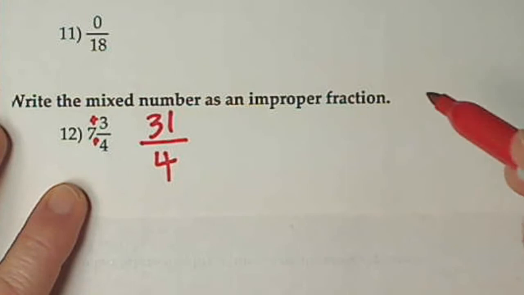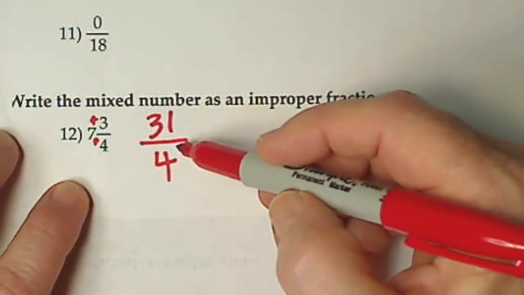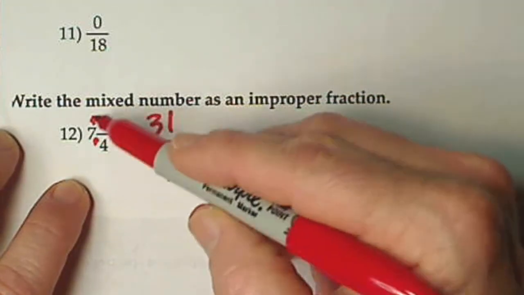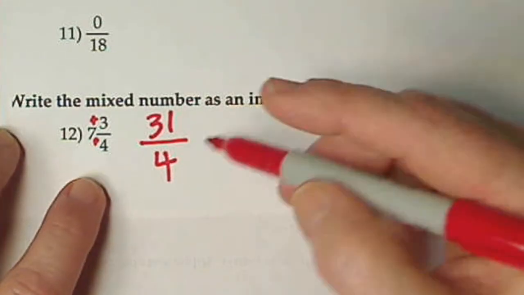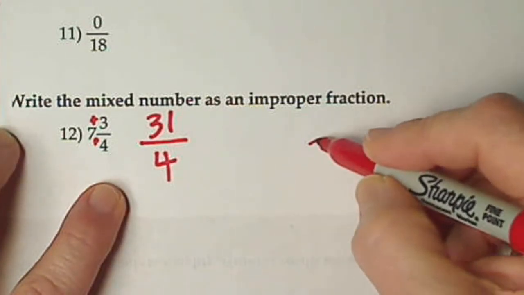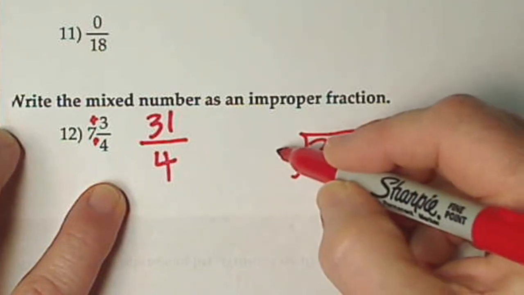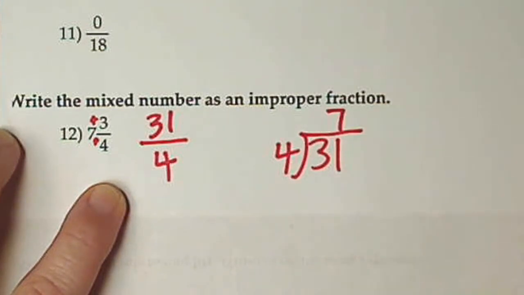Okay. Incidentally, you can go from 31/4 back to 7 3/4 because 31 divided by 4, it goes in 7 times.